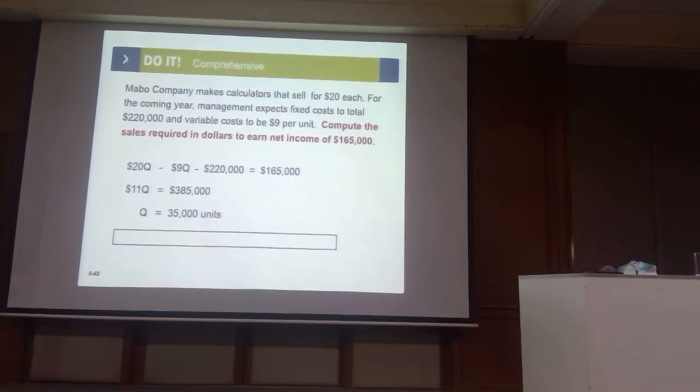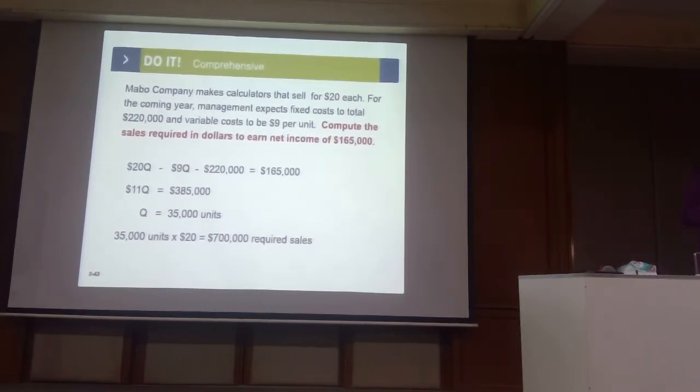And these 35,000 units, we convert into dollars by multiplying by the selling price per unit. So we have to have revenue of 700,000 in order to earn the net income of 165,000.